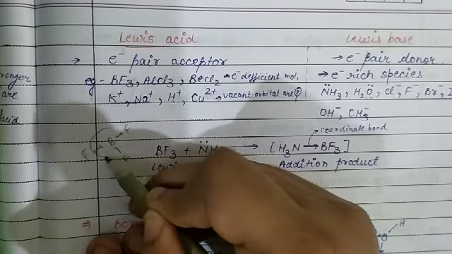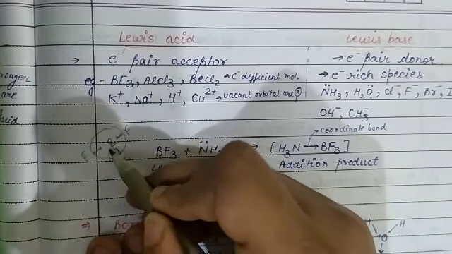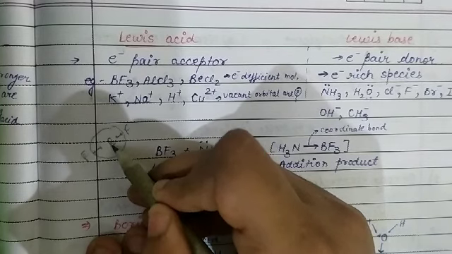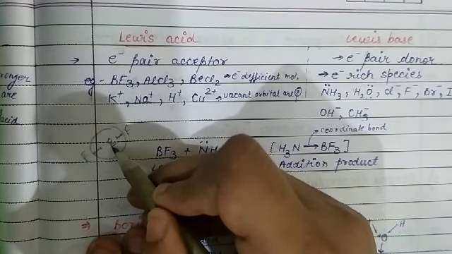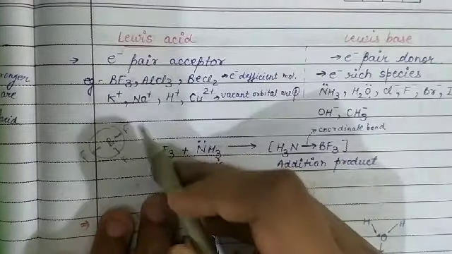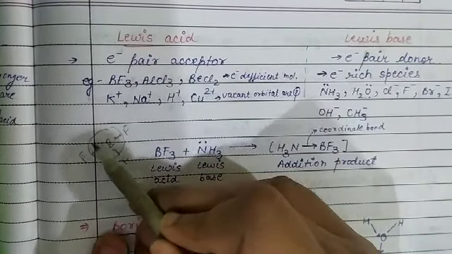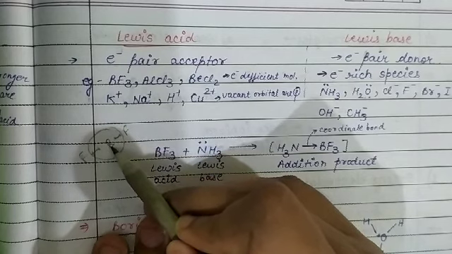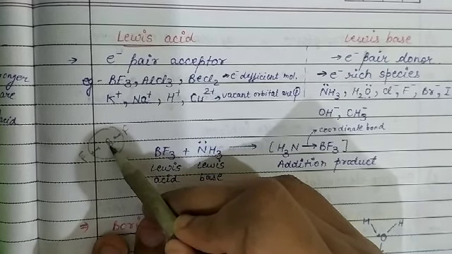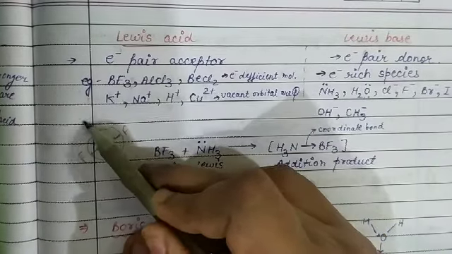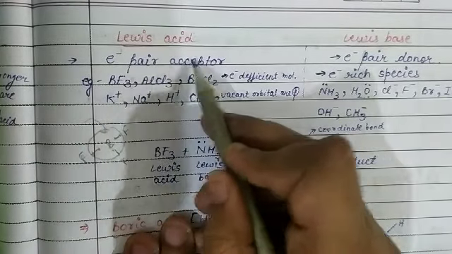So the central atom has an incomplete octet. Therefore, it is electron deficient. Hence, it acts as a Lewis acid. All those molecules in which the central atom has an incompletely filled octet are called Lewis acids. Therefore, they want an electron pair. Hence, they are electron pair acceptors.